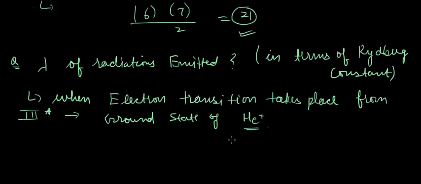So helium originally has 2 electrons. Now He plus would have only 1 electron in its orbital.